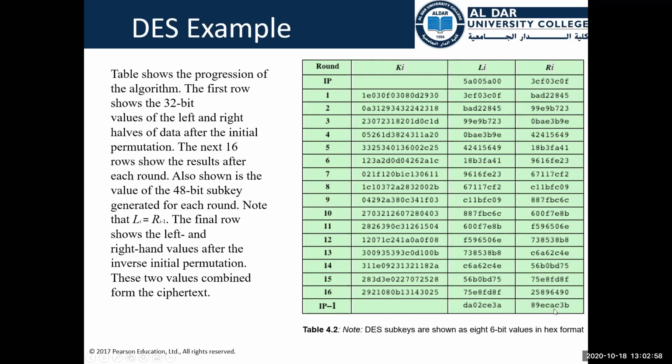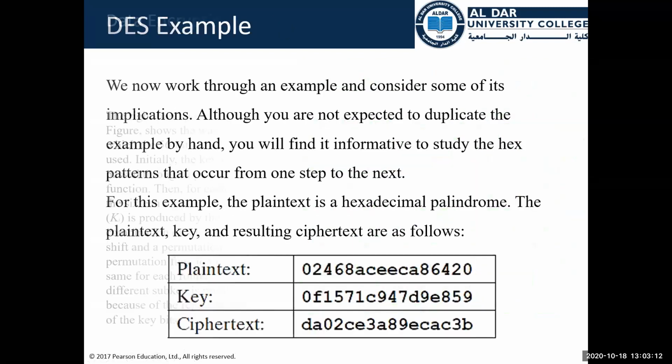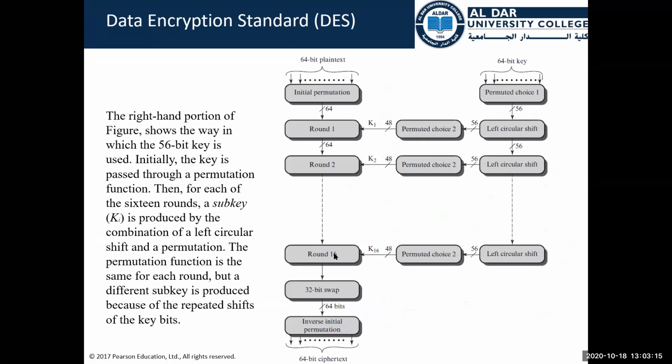There is no 5 here. Yes, so this is not direct. This is the last one. Okay, this is round 16. Let's get back. This is a good question. Here, round 16, we apply the key K16 and you get the output.